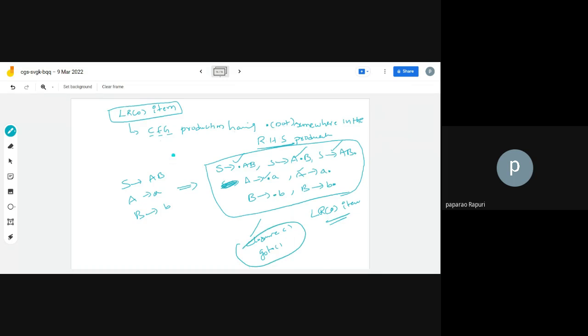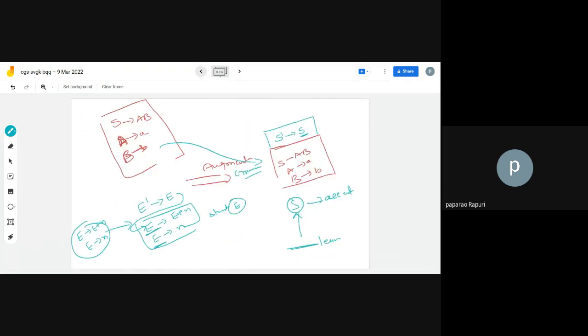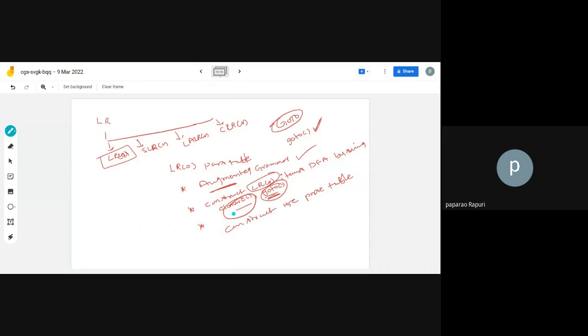By using closure and goto functions, we are writing the LR0 items for the given context-free grammar. If you come back, here I mentioned construct the LR0 items DFA, and here he mentioned this is DFA.